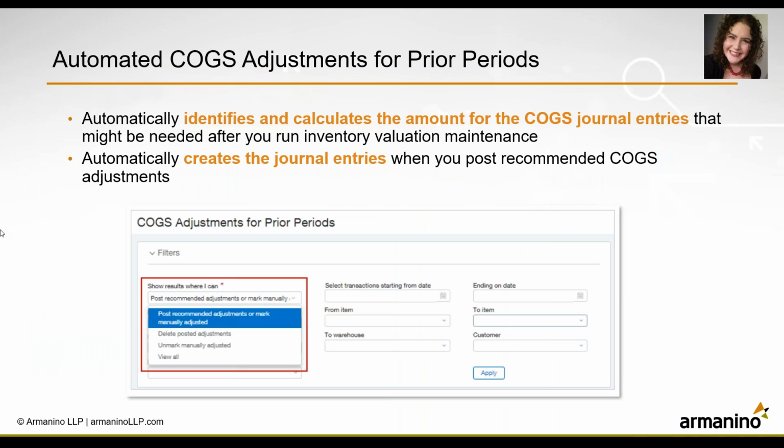The next update for inventory is automated cost of goods sold adjustments for prior periods. When goods have been purchased and sold in a period that's now closed, updates to the cost of goods sold for the consumed items are reflected in inventory only, but not the general ledger. Now you can automatically see and post that general ledger portion of the cost of goods sold adjustments to tie the GL to the subledger on a single page.